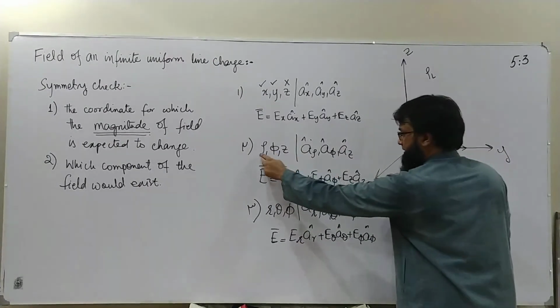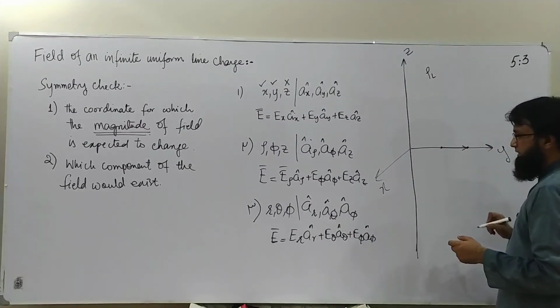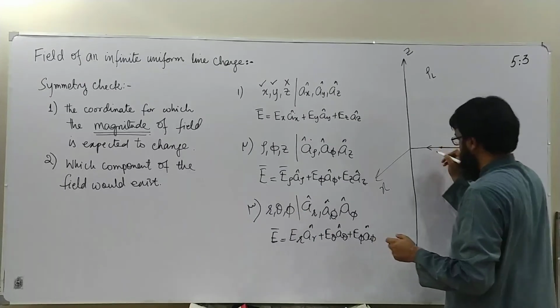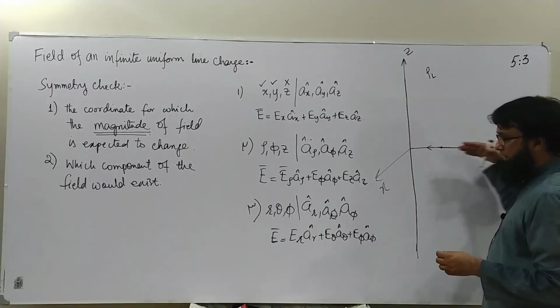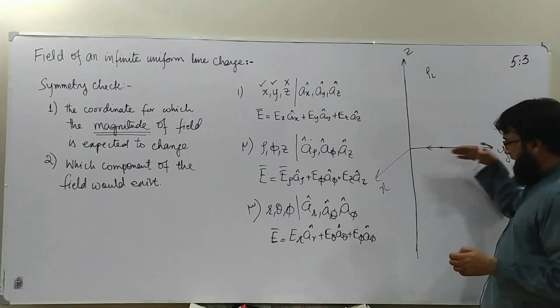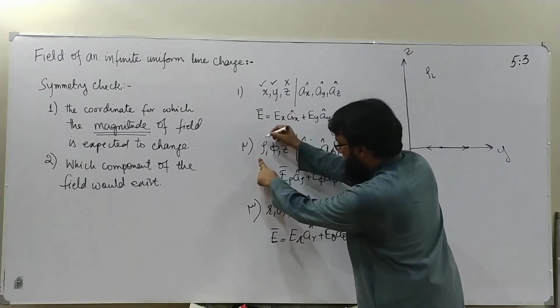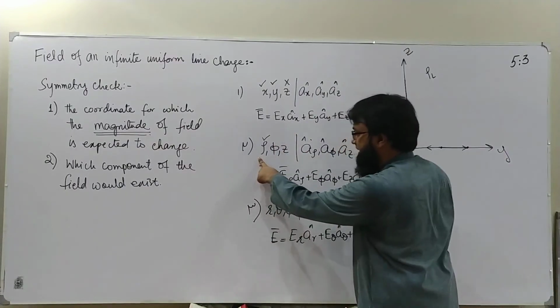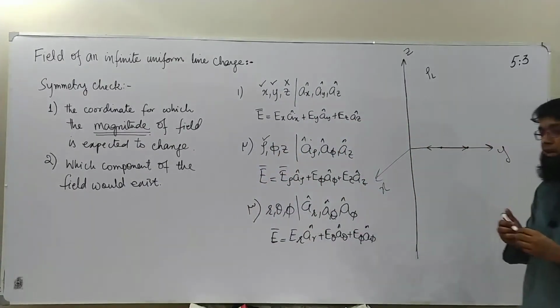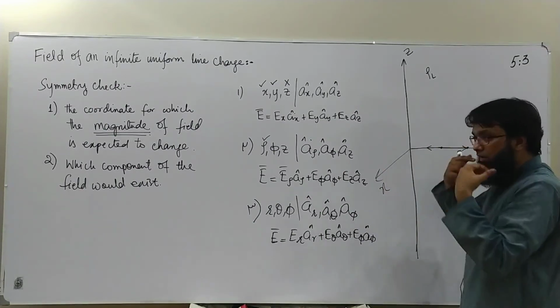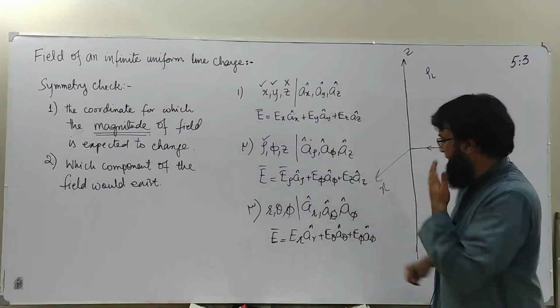If I increase this, I will move away from the z-axis, and if I decrease this, I will move towards the z-axis. It means that I am moving away from or closer to the source. If I change this coordinate, it is expected that the magnitude of the field will change, which in our case is the intensity of that tube light.